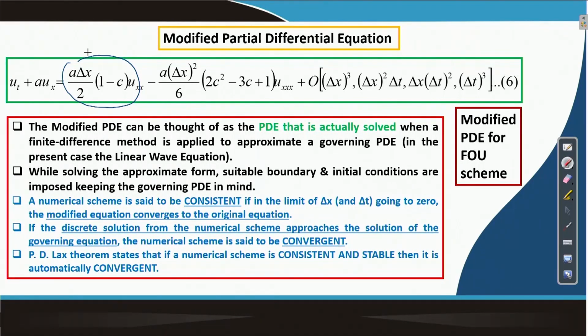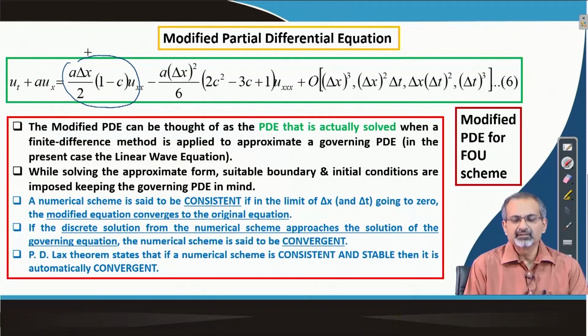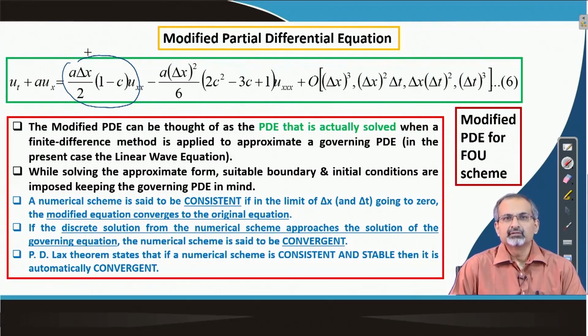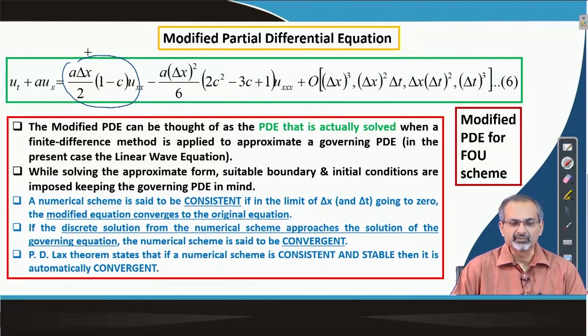We had also discussed that the modified partial differential equation is effectively the partial differential equation which we end up solving when we approximate the governing partial differential equation using a numerical scheme. And though we enforce the initial and boundary conditions which are appropriate for the exact equation, we end up using them also for the modified partial differential equation.